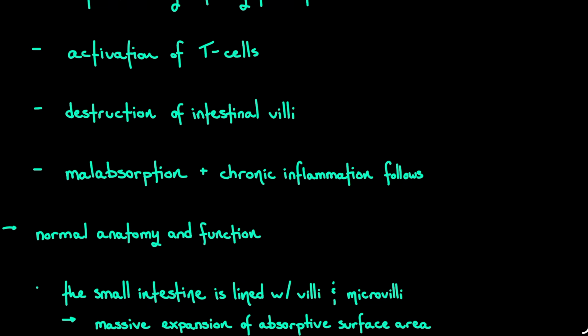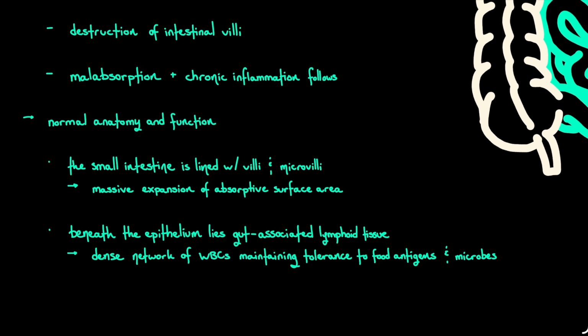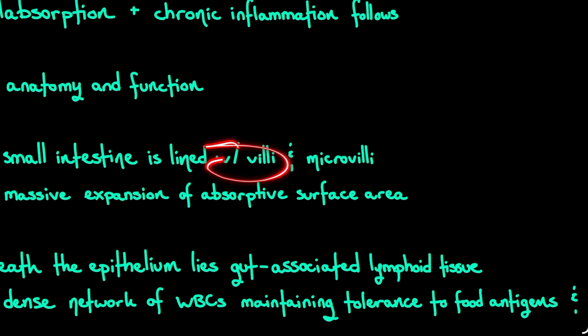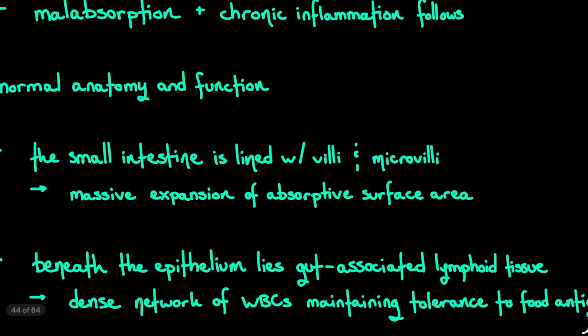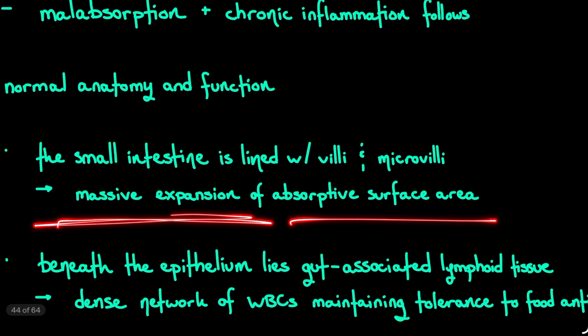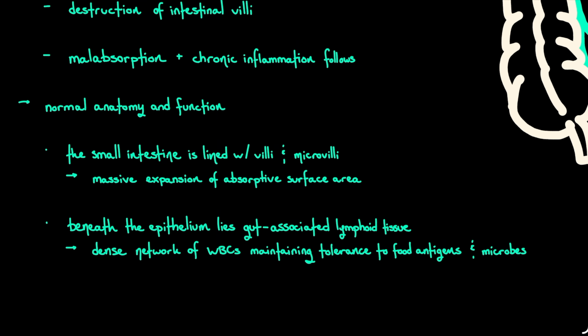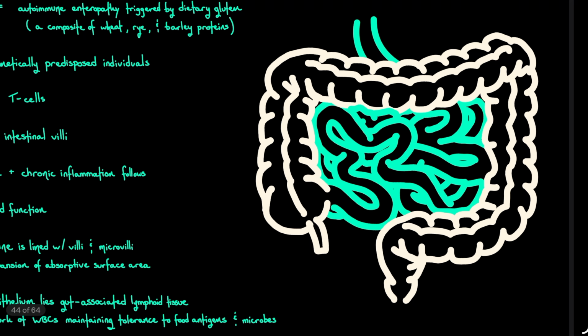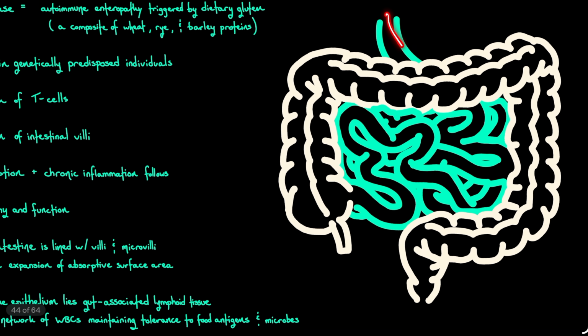with that area. So what is normally going on in my small intestine? It is lined with villi and microvilli to expand my absorptive surface area. So this right here, all in the teal is the small intestine, and the white is the large intestine. Okay?